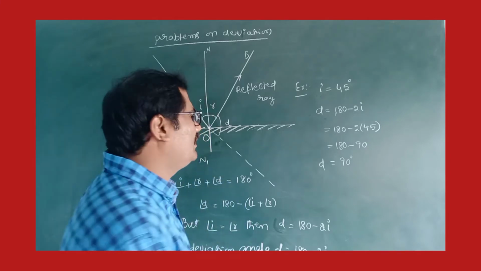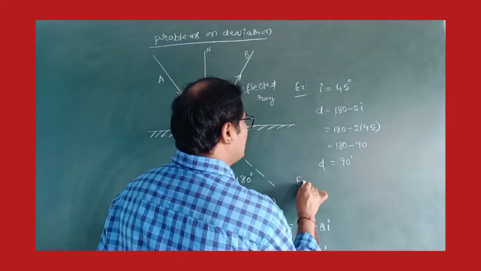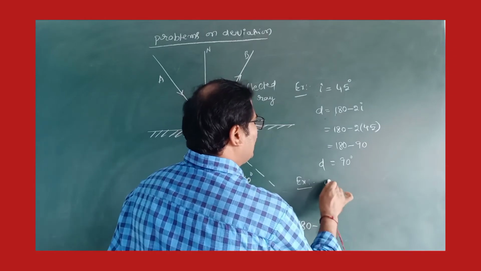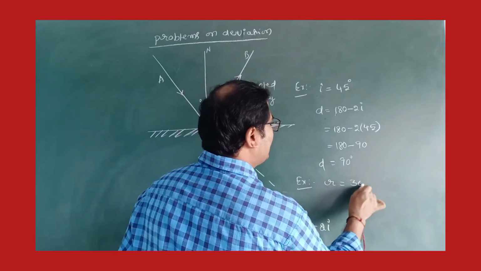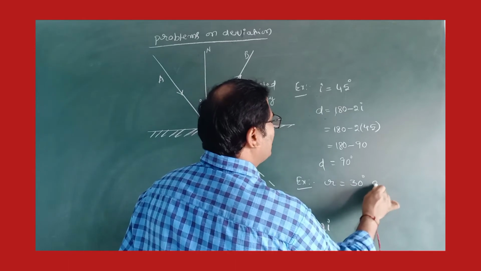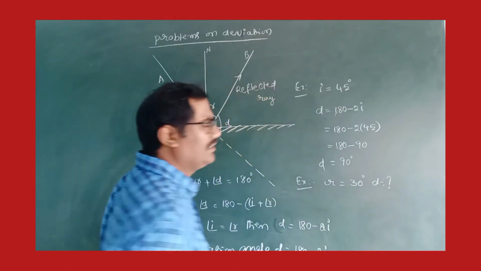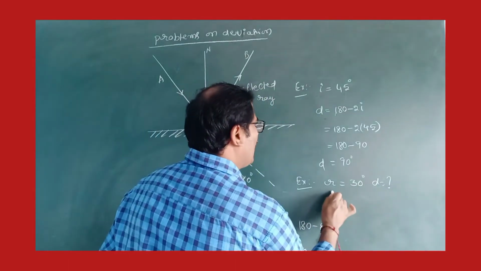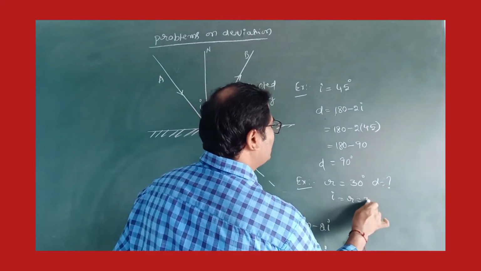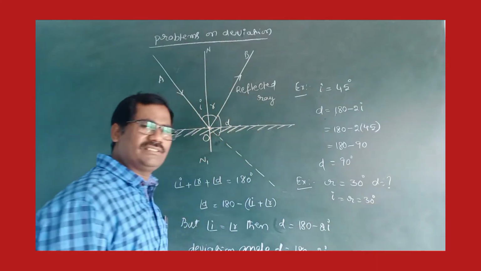Another example: the reflection angle is 30 degrees. What is the deviation angle? Also I is equal to R is equal to 30 degrees in plane mirrors.